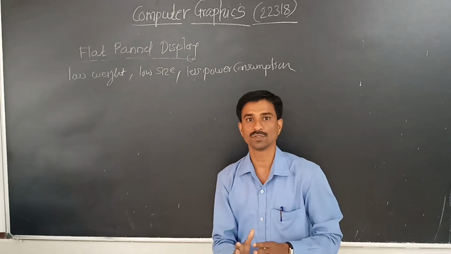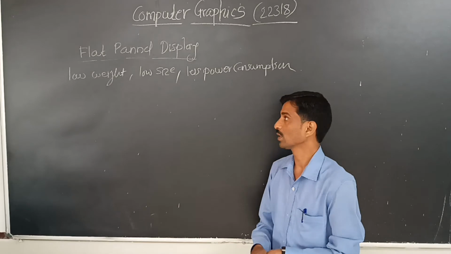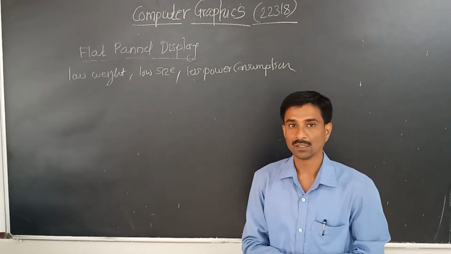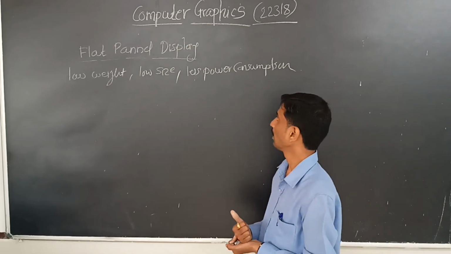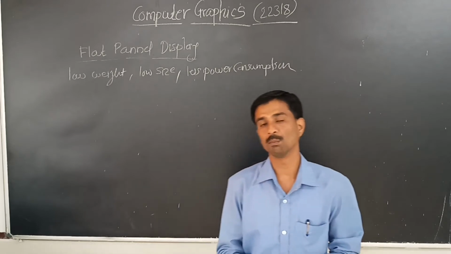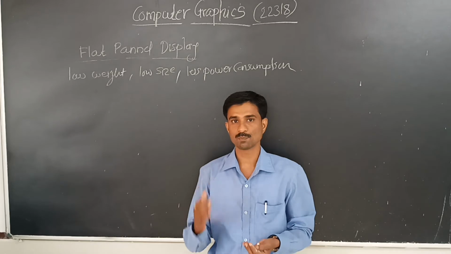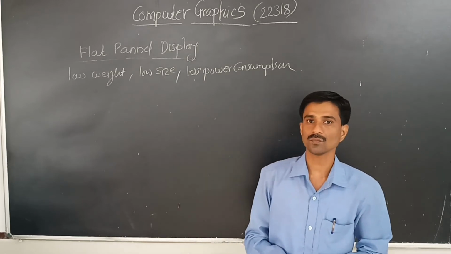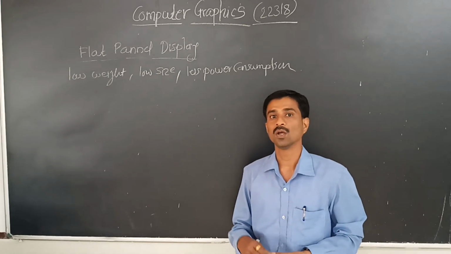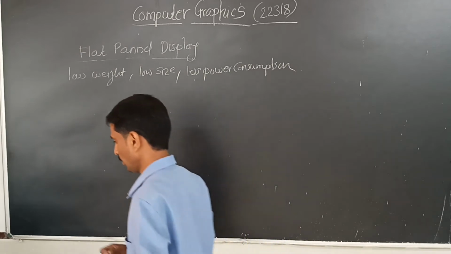Also the size of these display devices is very low, and power consumption is low compared to other devices. Then flat panel display has two types. First is emissive and other is non-emissive display. So we will see.